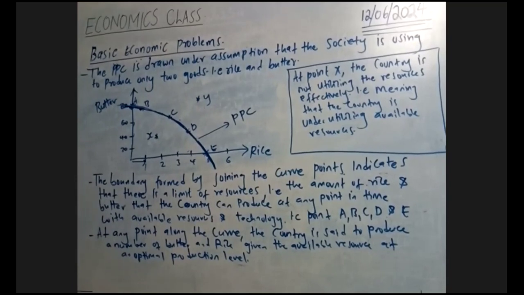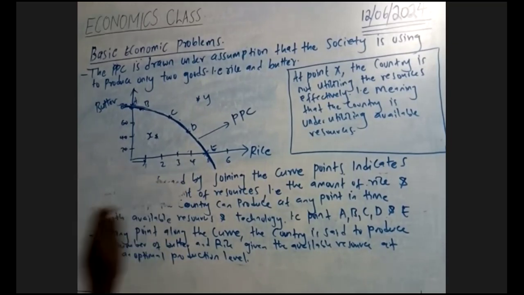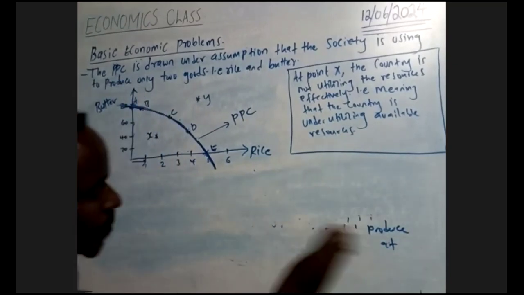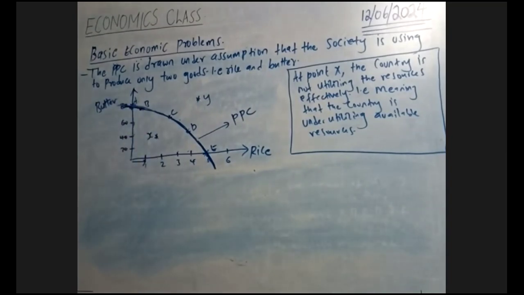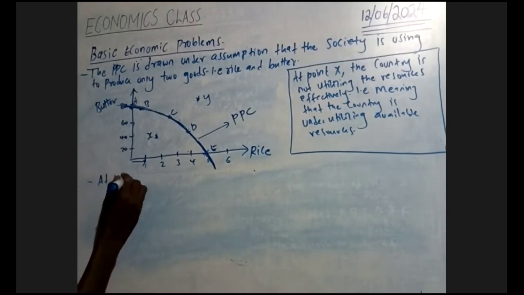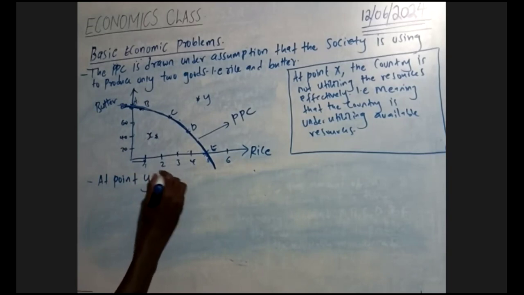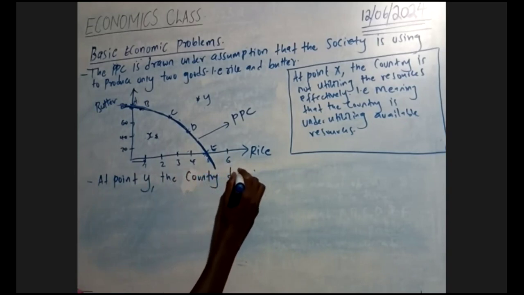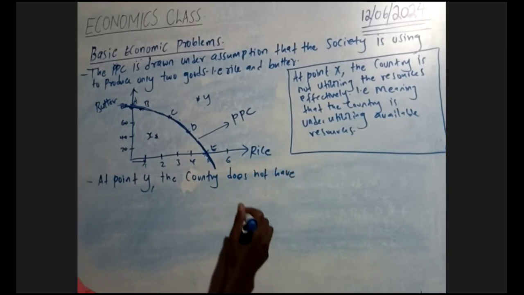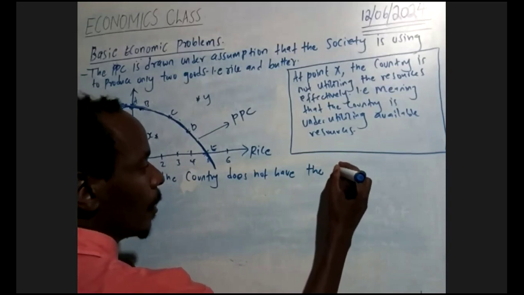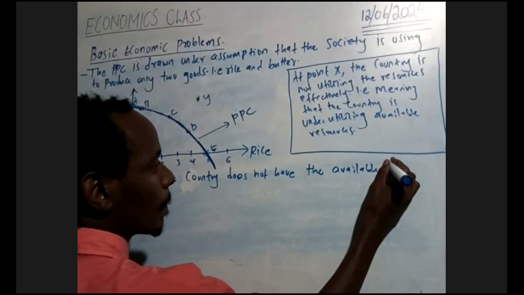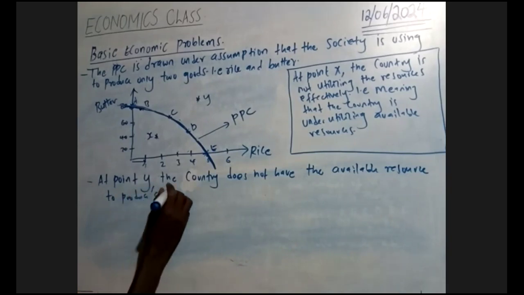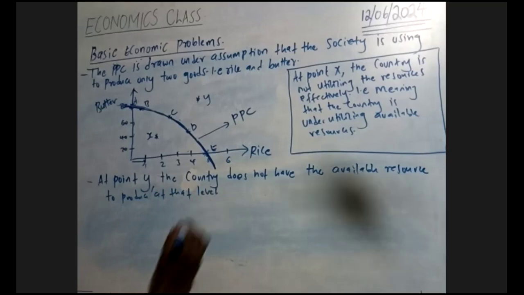So you can say at point Y, the country does not have the available resources to produce at that level.